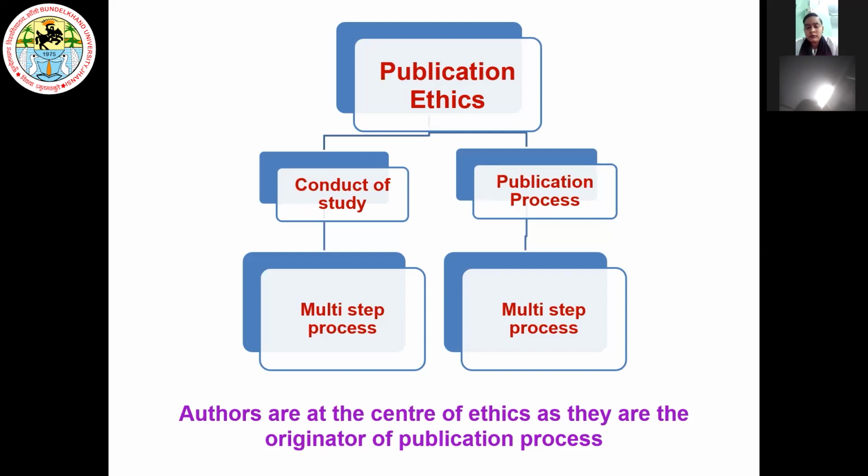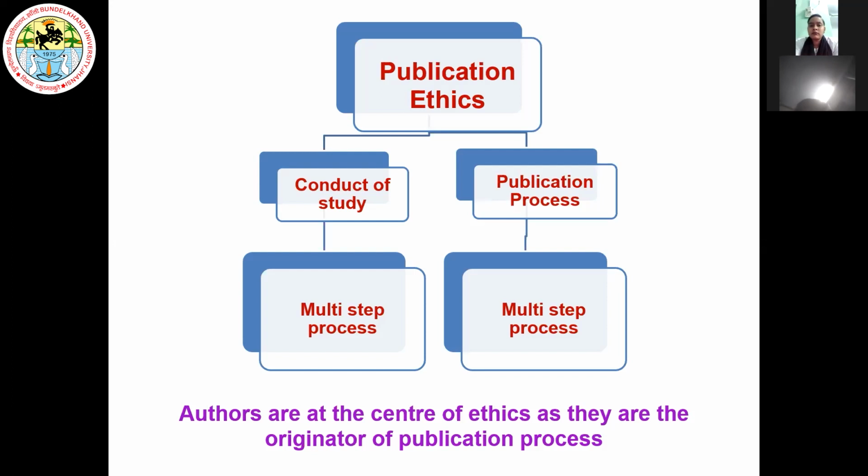So both target groups are responsible for ethics in publication. And each of them is a multi-step process, whether it is the researchers conducting the study, or the publication process. But among all these, authors are at the center of ethics, as they are the originator of the publication process. So greatest responsibility goes to authors. This should be kept in mind.